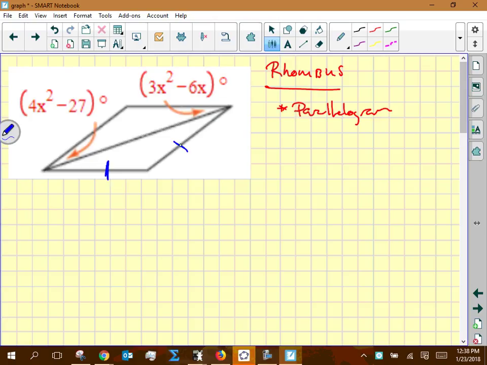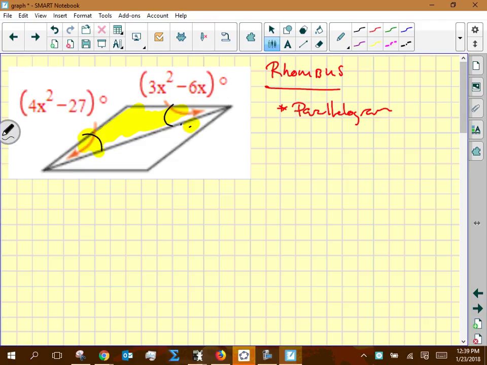If that side there is congruent to that side right there, what type of triangle is this? If two sides are the same, it's isosceles, right? And what do you know about the angles opposite congruent sides of an isosceles triangle? That angle there has to be congruent to that angle there. So again, that tells me that that angle right there is congruent to that one.